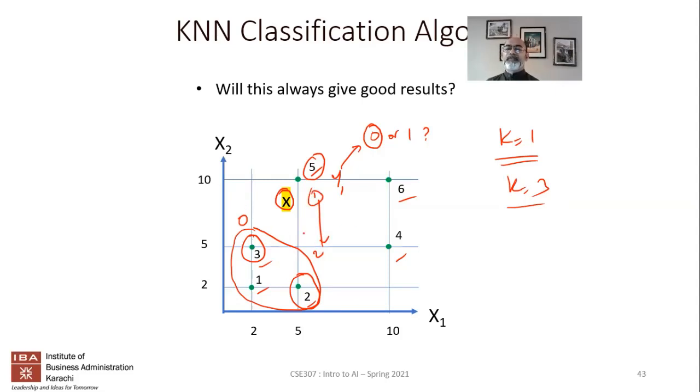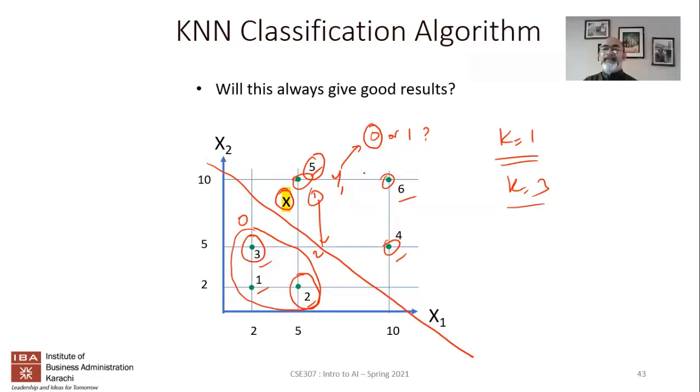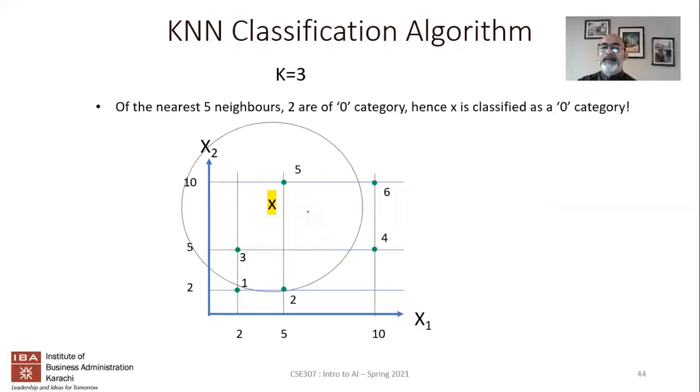So even though visually we can see that the line earlier was somewhere over here, and x is actually closer to these points 4, 5, and 6, KNN has, in this case, for k equal to 3, come up with the wrong classification, right? And you can see that over here. I've drawn the circle for k is equal to 3, and these are the nearest.